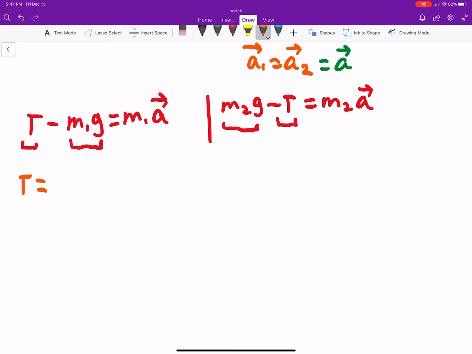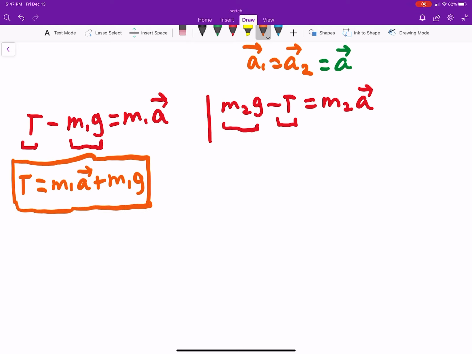So this isn't too bad. Tension equals mass 1 times acceleration plus mass 1 times gravity. So pretty easily we're able to find an expression for tension. Now, that's great, but we don't know acceleration.